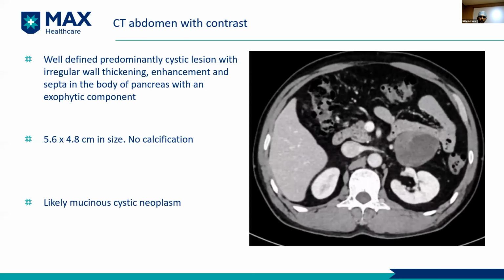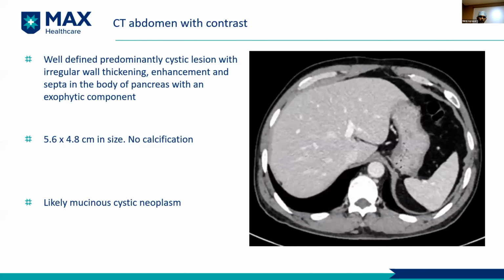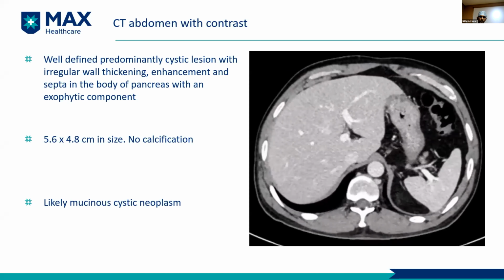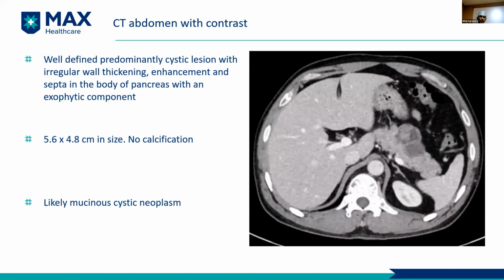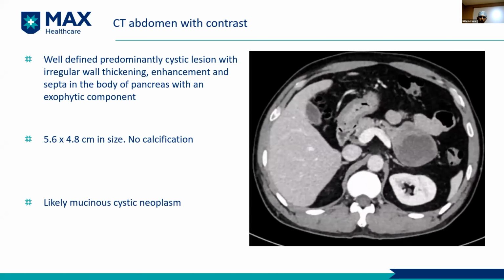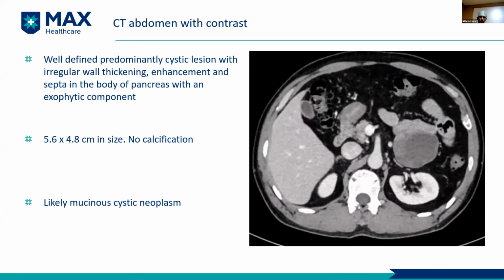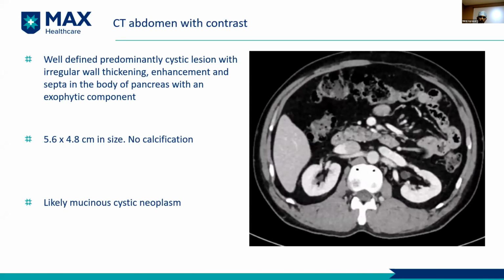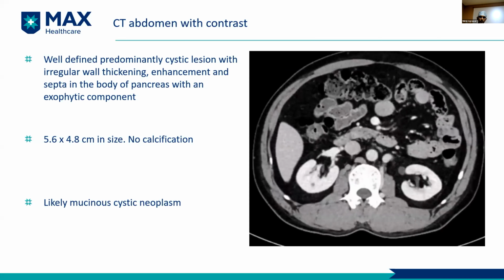Septations may be thick, and there may be a mural nodule or calcification. Sorry, it should not show a communication with the duct, and it has enhancing components. Whenever there are enhancing components, there is a risk of malignancy. The size also matters. If the tumor is bigger, with enhancing components and a lot of calcifications, then one should think about malignant transformation of the lesion.